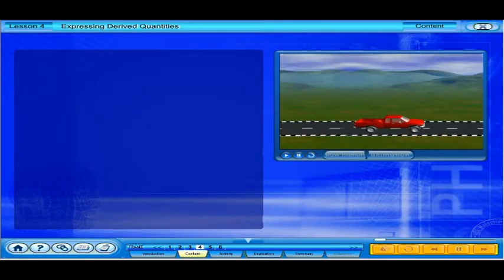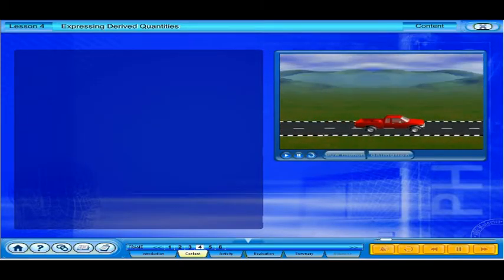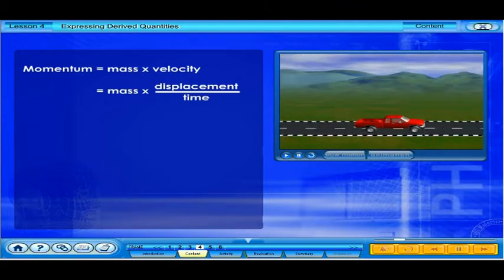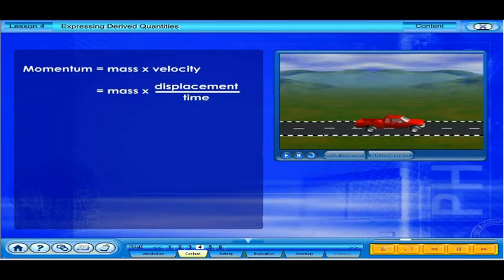Now, let's look at the next example. A moving car has momentum. Given that momentum is the product of mass and velocity, state momentum in base units. Let's work out the base units for momentum.